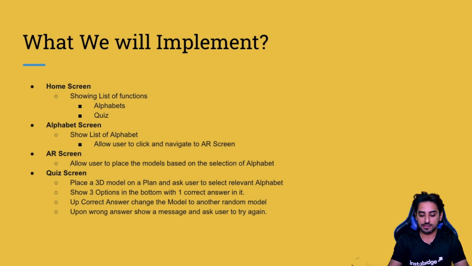So let's say if I place an apple, the user will have to select A as an answer. We will be showing 3 different options at the bottom, and if the user selects the correct answer, we will replace the 3D model with a different random object, and will mark the score as 1.